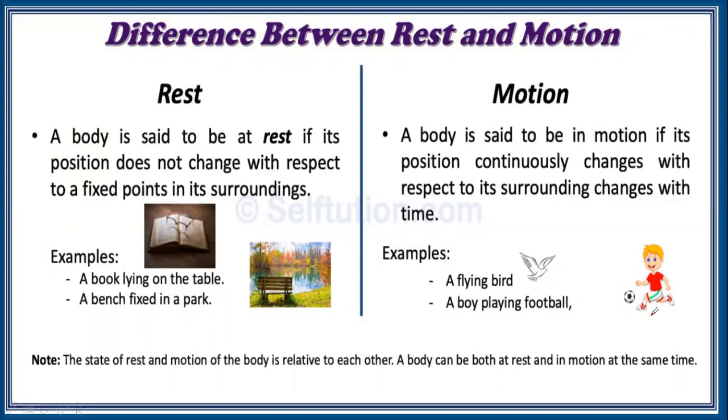The speed of both the bodies is the same. So you will be in state of rest with respect to the person sitting in the same car, but you are in state of motion with respect to an observer outside the car.